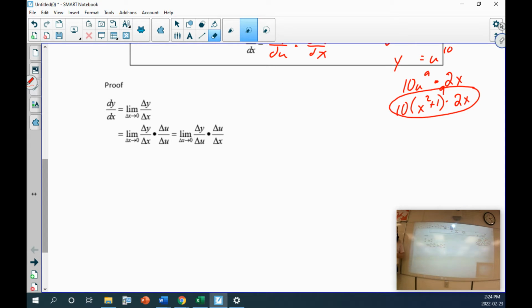It's 1. Okay? Because of the ability of multiplication to move, I can make this delta y over delta u times delta u over delta x. So I just kind of swap places here. Our properties of limits, okay, we have a limit of a product. Well, we can write that as the product of two limits.